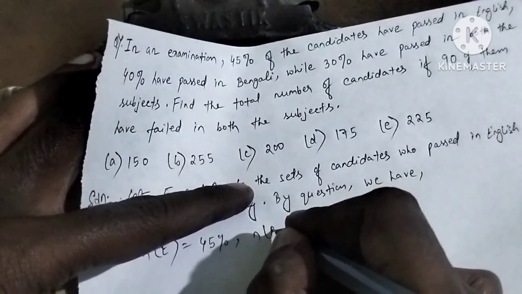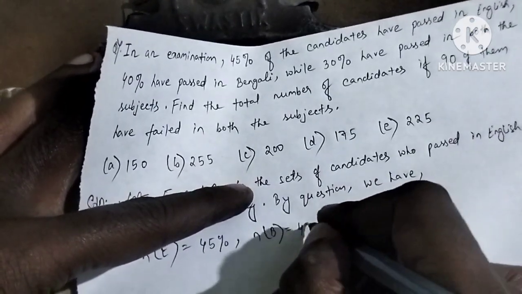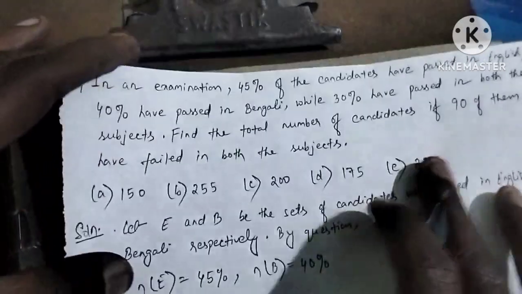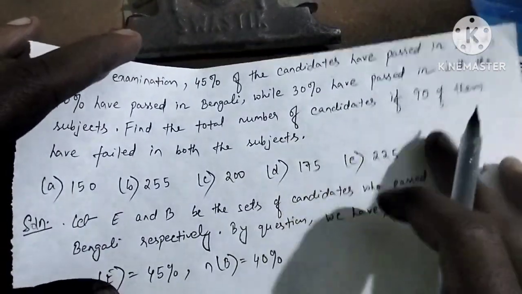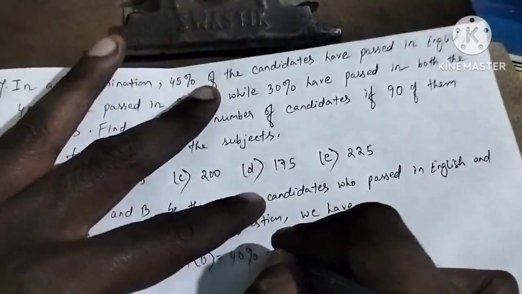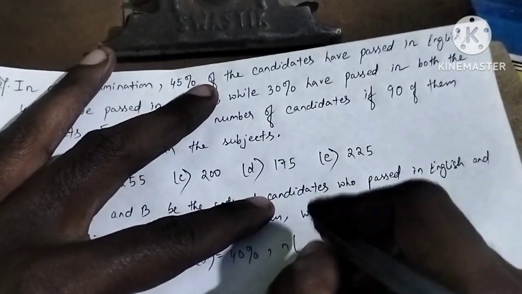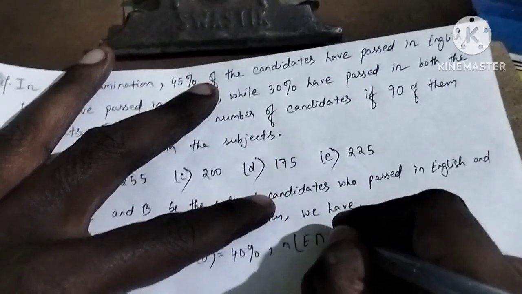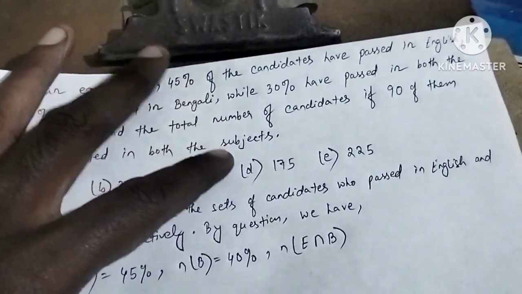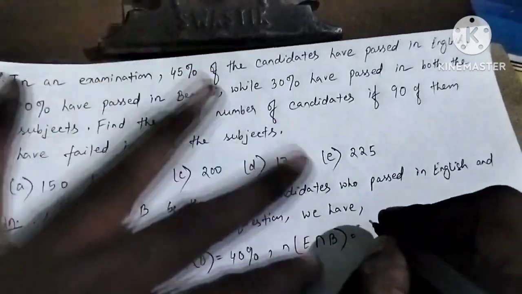The cardinal number of B is 40%. 30% have passed in both the subjects, that means the cardinal number of E intersection B is 30%.